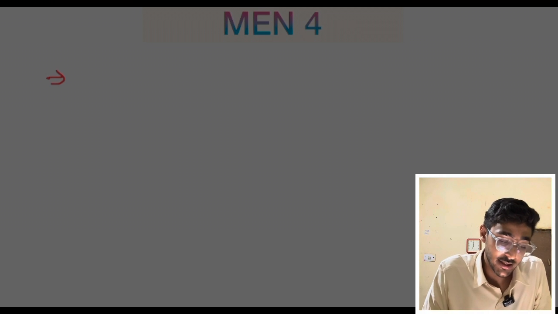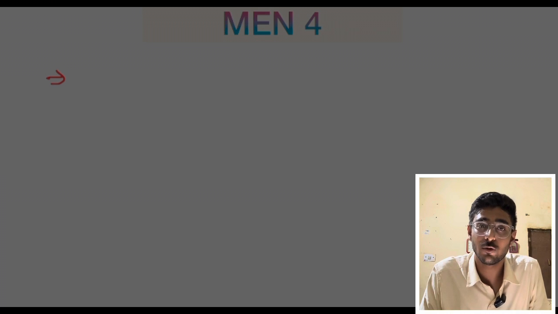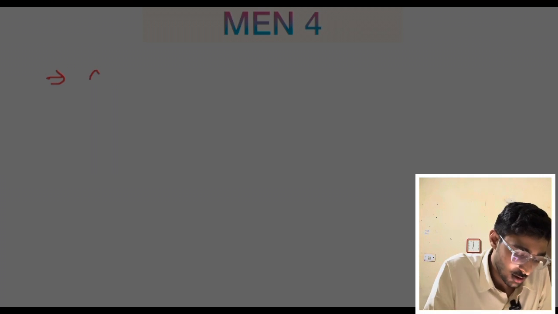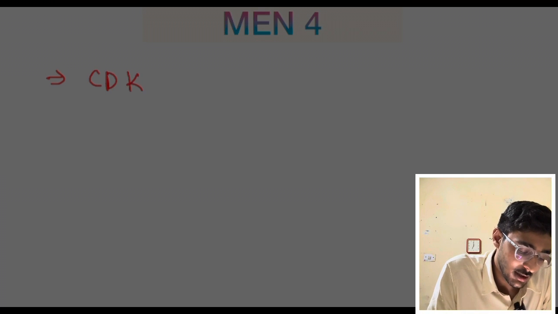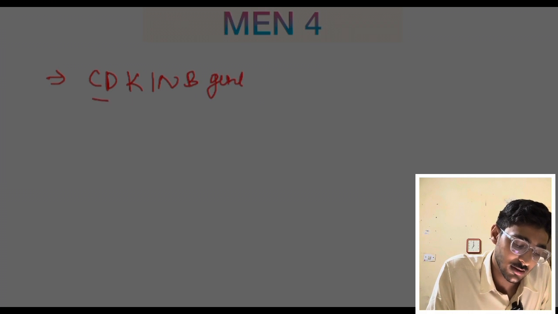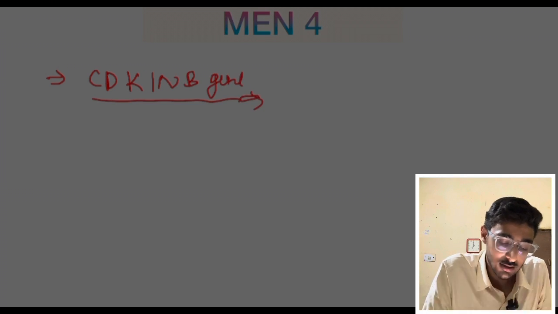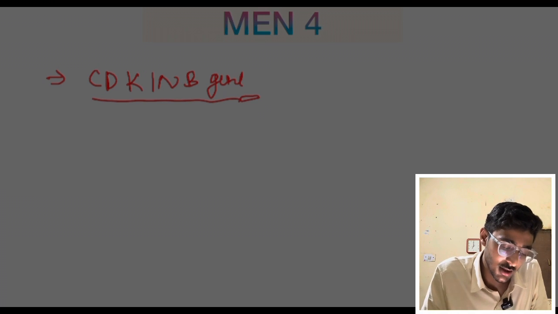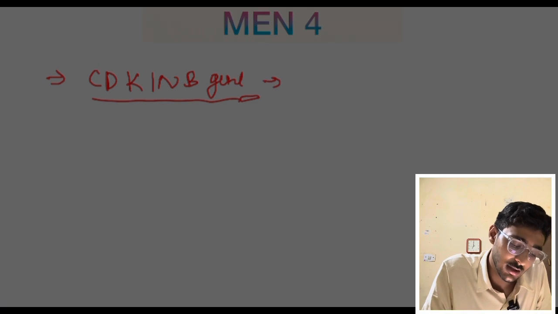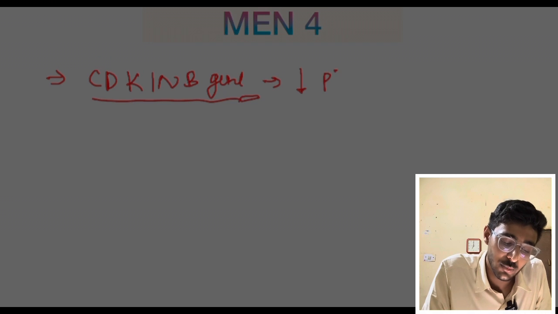The gene which is involved in MEN 4 syndrome is the CDKN1B gene. Okay, guys. What the mutation in this gene does is it decreases the production of P27 protein.